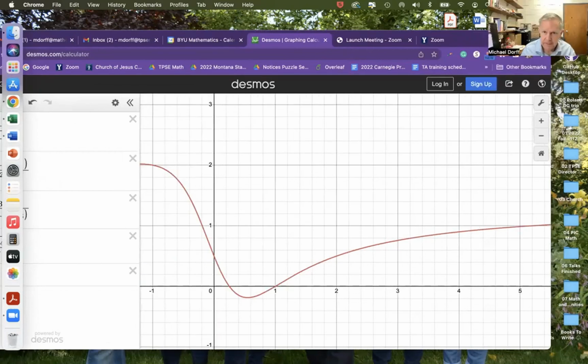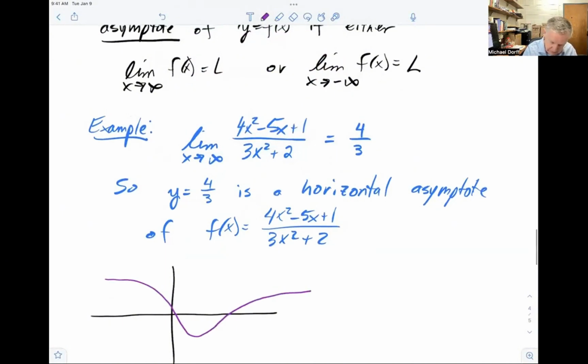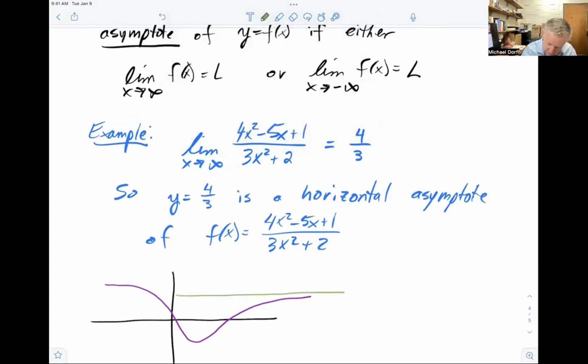So I'm just going to sketch that. Hopefully as this comes up here, my graph will look something like, oops, not like that, but getting close to there. And it's getting close to this line here, which was y equals 4/3. So that's a horizontal asymptote there.